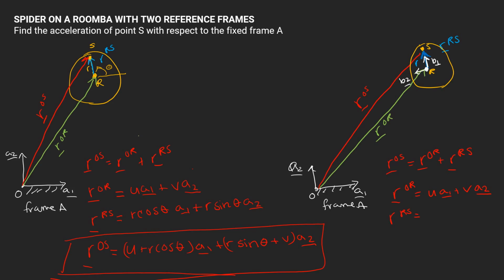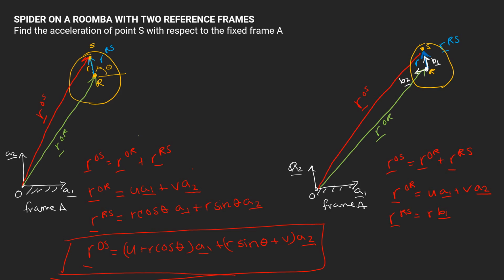So again, we'll call that R, just as we did in our other approach. So we just write now that RRS is equal to R times B1. So now we're defining RRS in terms of reference frame B.